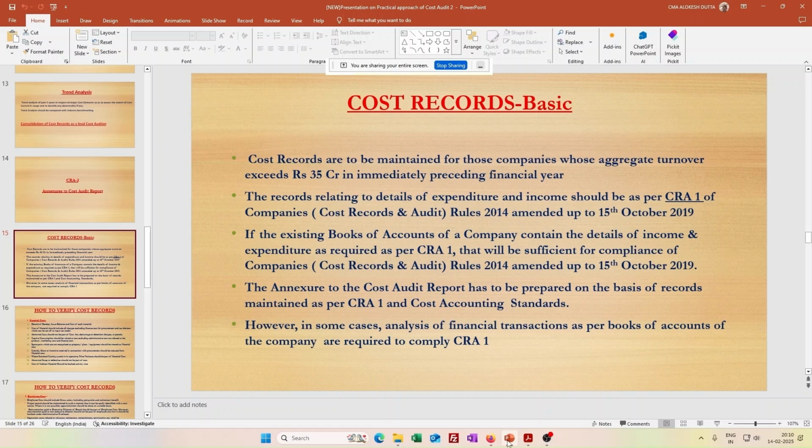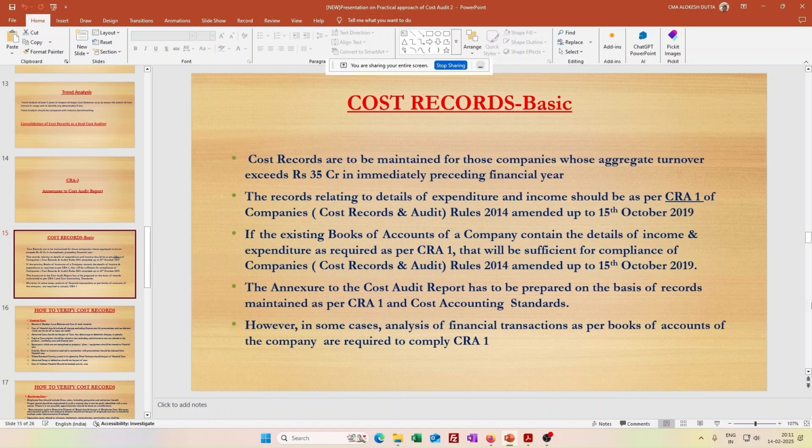There are a number of such cases, and I will tell you one by one. But this is a very good example of analysis of financial transactions for compliance with CRA 1.